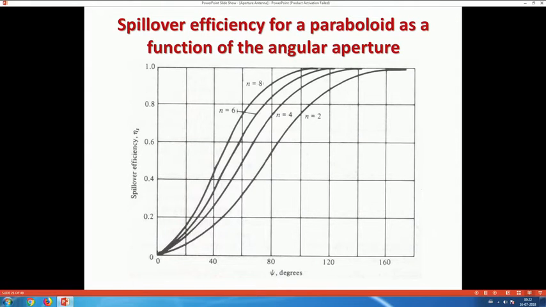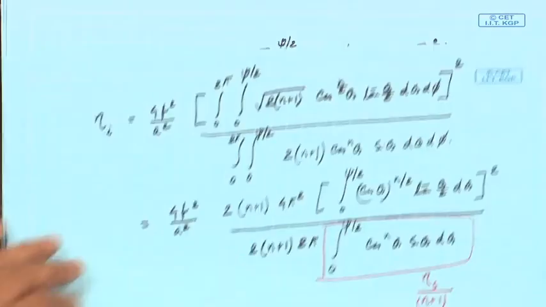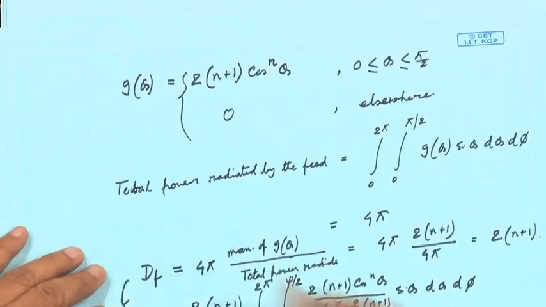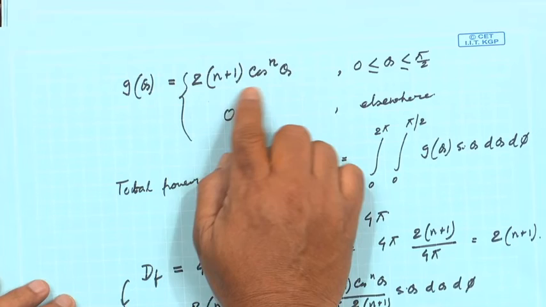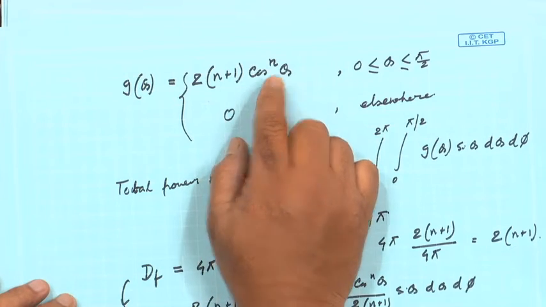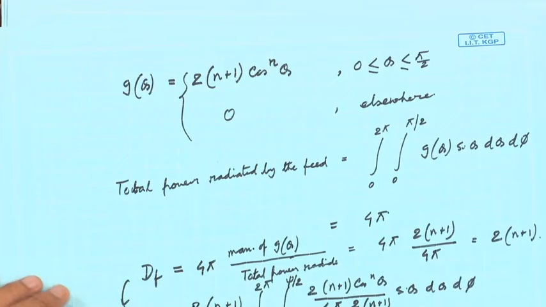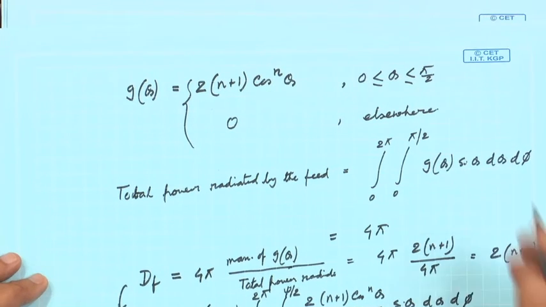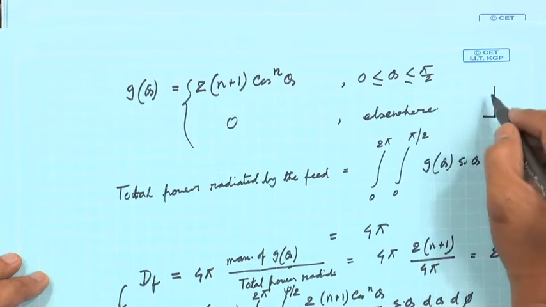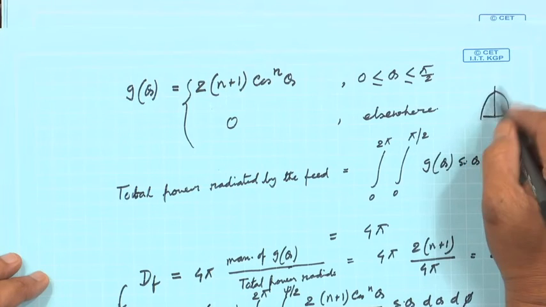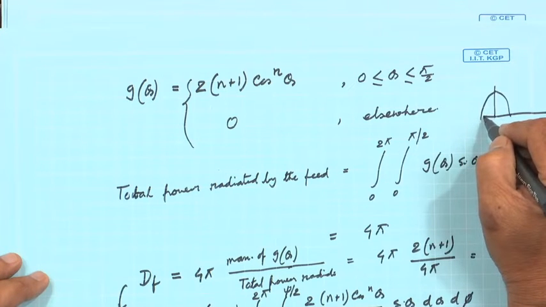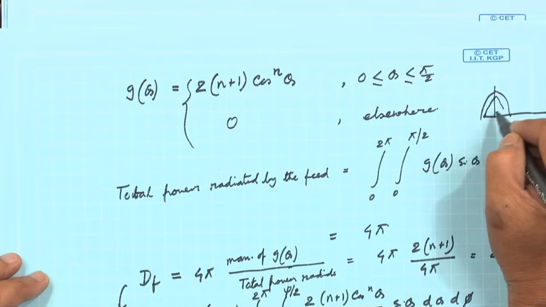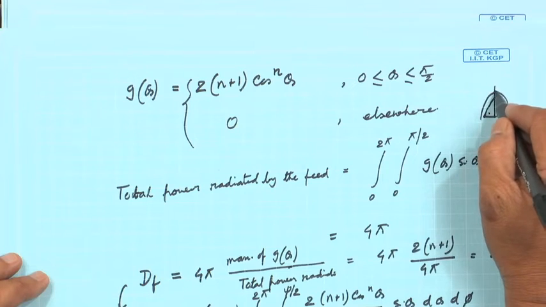Physically, if you look at this expression, what is n? N comes from here, that is, a more directed feed. Suppose you have a cos function, which is generally like this, but if you square it, it will be more peaky.